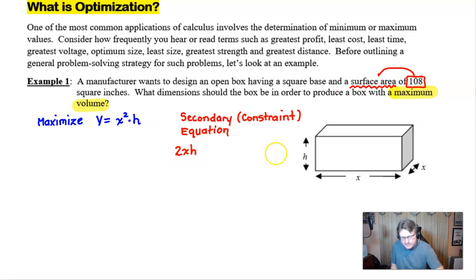And then we do the same thing on these sides that have an x by h. Oh, there's 2 of those as well. I guess those will combine for 4xh in a little bit. And then the bottom of the box is just an x by x square, which is x squared. Remember, there is no top, and so all of this would be equivalent to our 108.